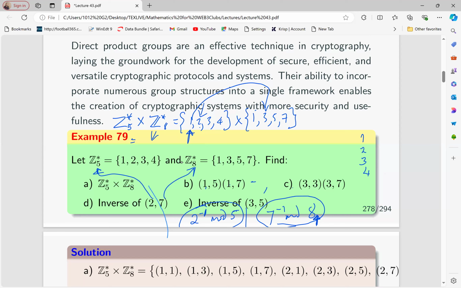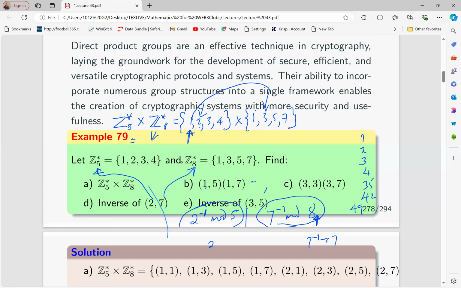I'm multiplying these numbers by 7 and seeing whether dividing by 8 gives a remainder of 1. 5 times that is 35. 6 is 42. 7 is 49. 49 is correct, because 49 divided by 8, the remainder is 1. By using trial, the inverse of 7, therefore, is 7.